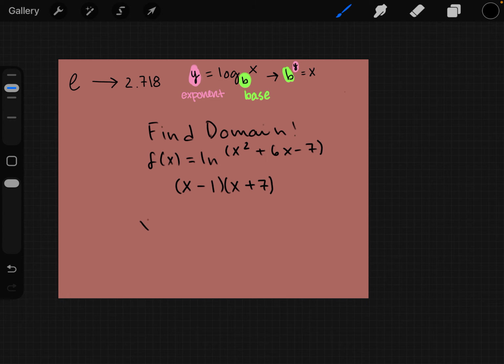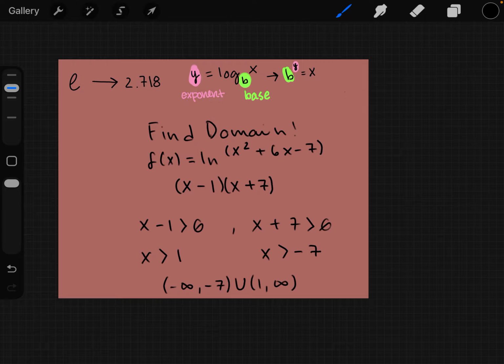Gee, I don't know what to call them. You take these and make them all greater than 0, and then solve. And then we make our domain. We exclude -7 and 1. And that's our domain. So that is how you would do it for a problem like that.